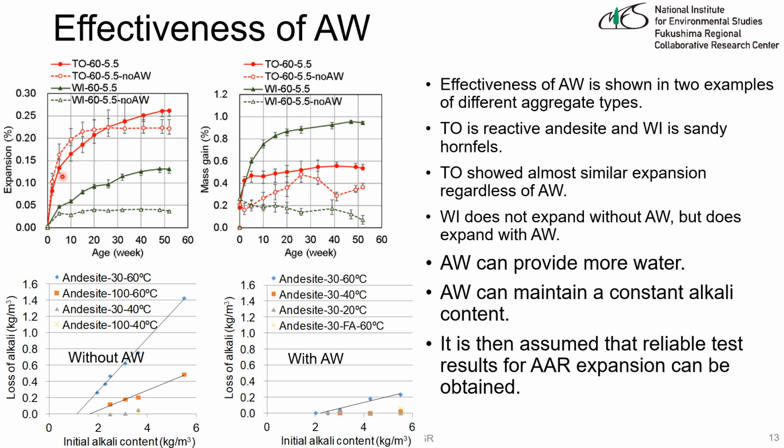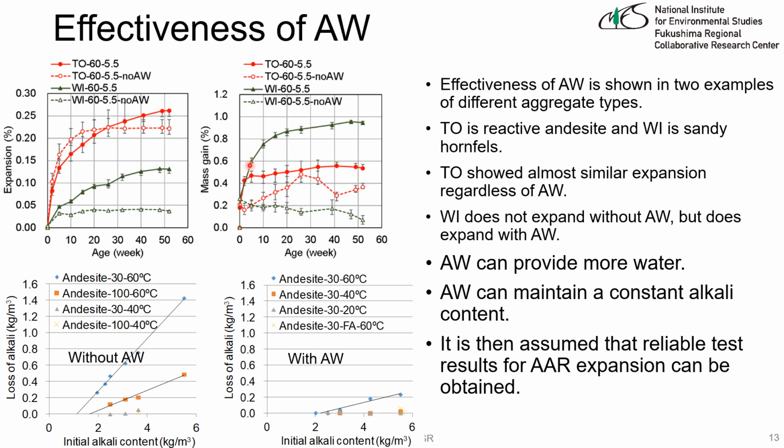As you can see, TO showed almost similar expansion regardless of alkali-wrapping. The expansion tendency is a bit different, but a similar expansion was obtained with or without wrapping. However, WI does not expand without alkali-wrapping, but does expand with alkali-wrapping.